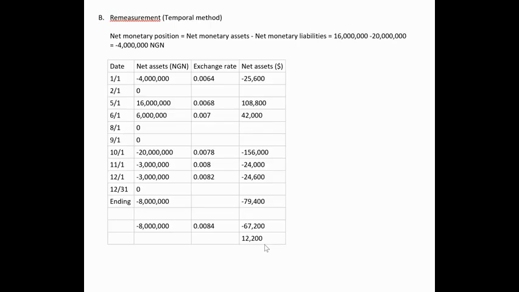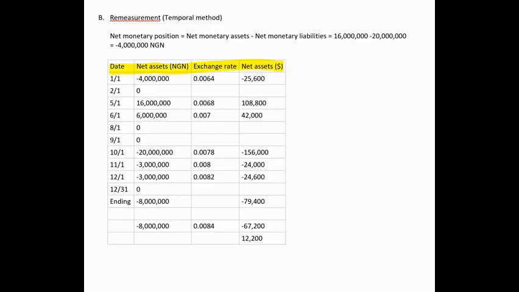The monetary position includes cash, marketable securities, and receivables, and other assets such as inventory are not included. So we're going to prepare a schedule similar to the prior question, with the dates to check the transactions, the net asset in NGN, the foreign currency, the exchange rate, and the net asset in US dollars.